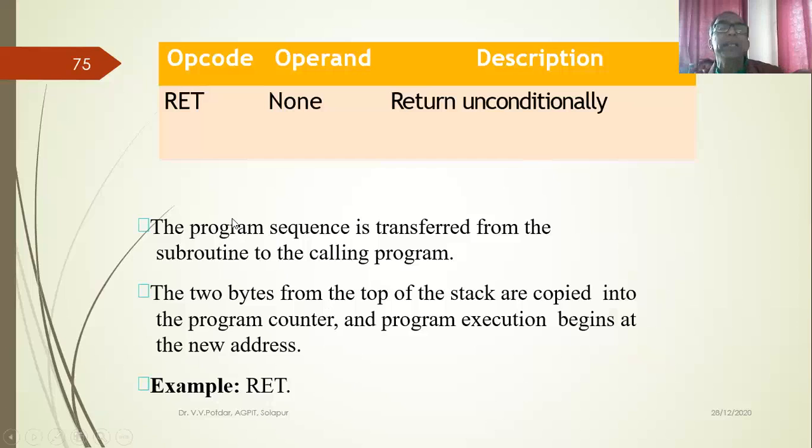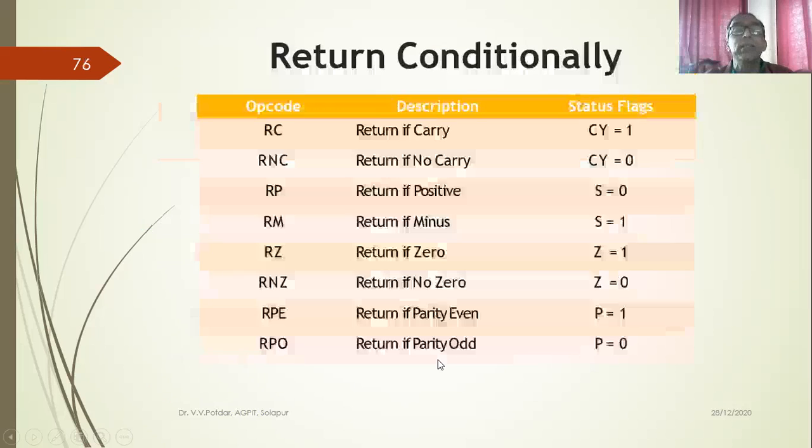The opcode RET is used to return unconditionally. Now calling and returning, right? Giving back. In the return sequence, the program sequence is transferred from the subroutine to the calling program. The 2 bytes from the top of the stack are copied into the program counter and the program execution begins at the new address.